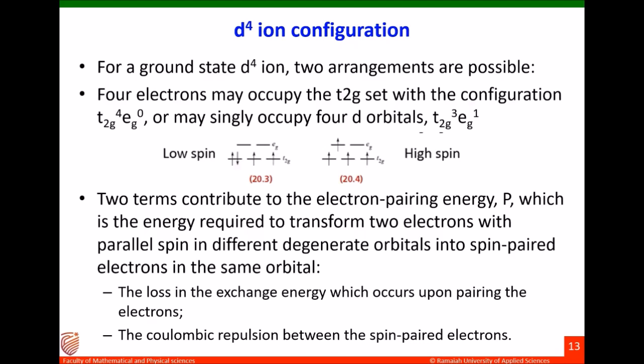So in configuration 20.3, the fourth electron went into the orbital with an opposite spin. Here another energy term is involved, known as the electron pairing energy P.